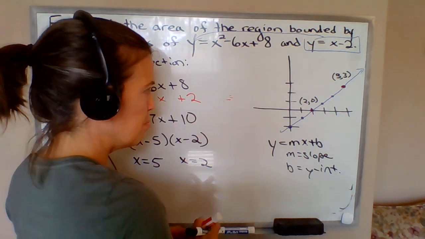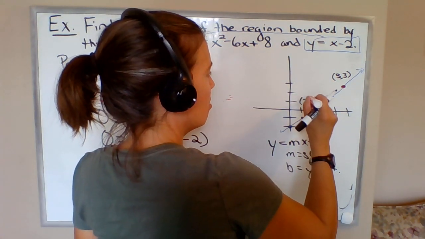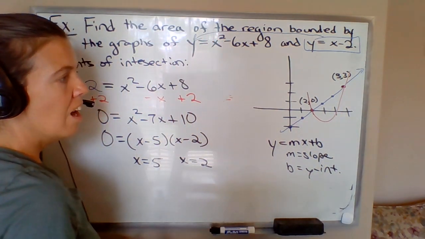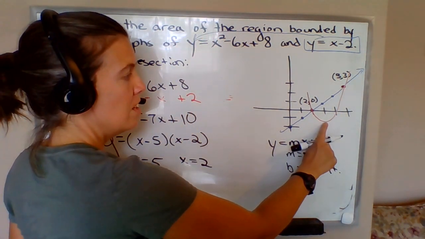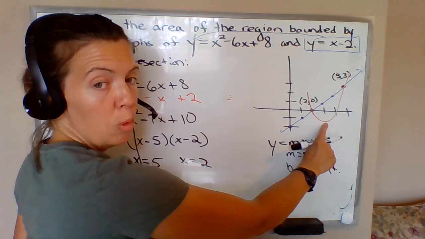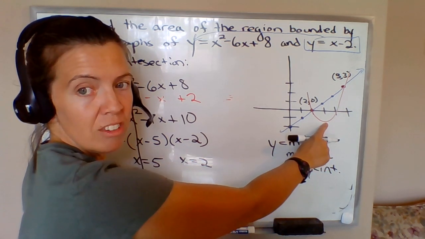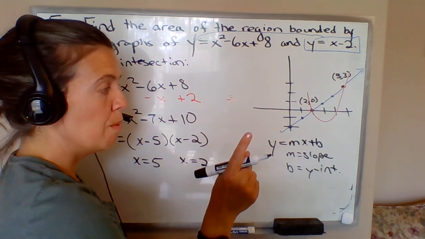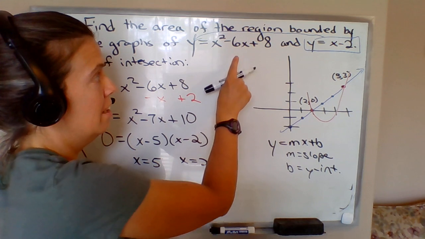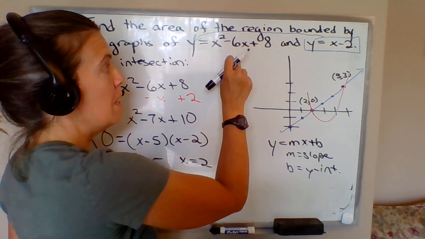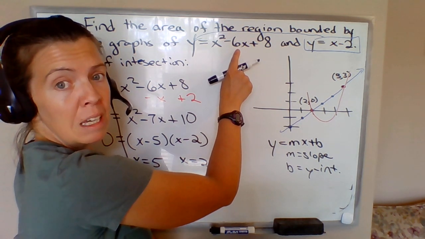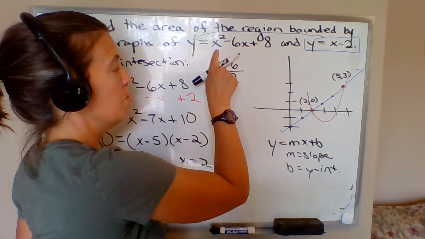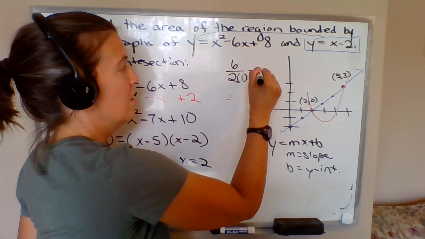We know it's a parabola opening upward. So with these 2 points, I can assume the graph looks something like this. If you really wanted to find the turning point, which we call the vertex of the parabola, there's a formula for the vertex, if you remember it, negative b over 2a from this equation. So negative b would be positive 6, because it's the opposite of this negative 6, over 2 times the leading coefficient, which is 1.